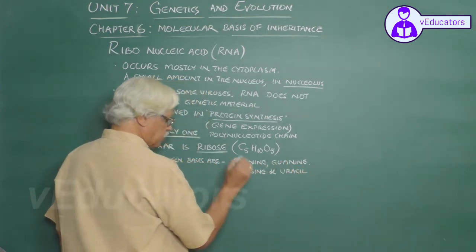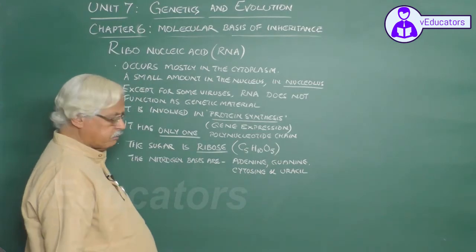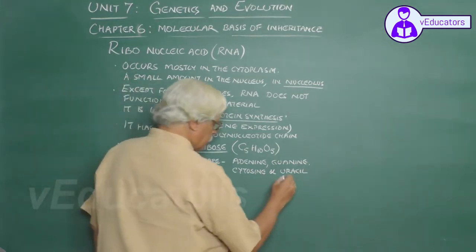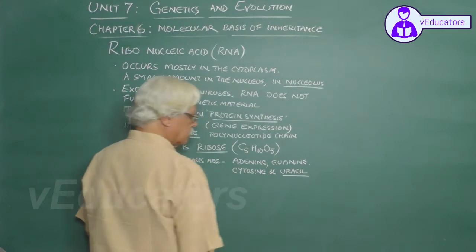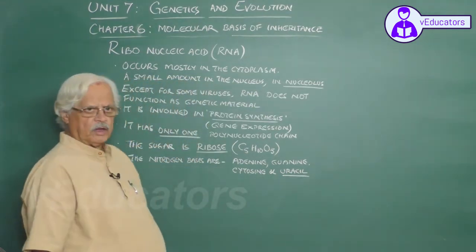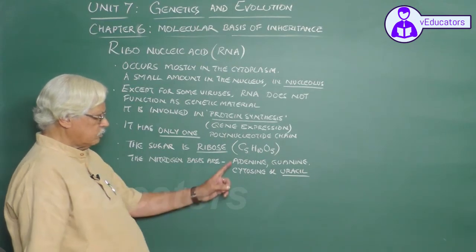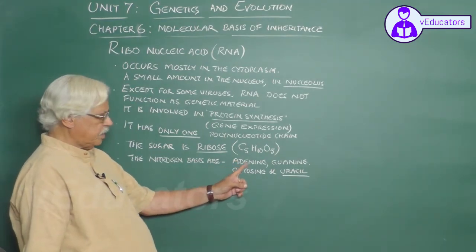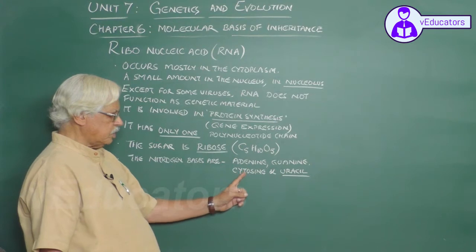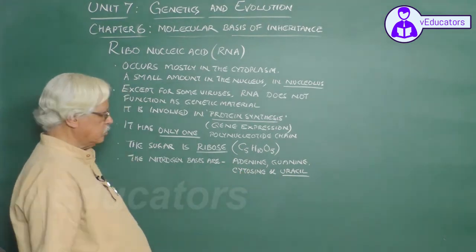Adenine, guanine, and cytosine are found in DNA also. In place of thymine in the RNA, you find uracil. That means RNA is composed of nucleotides of adenine, guanine, cytosine and uracil.